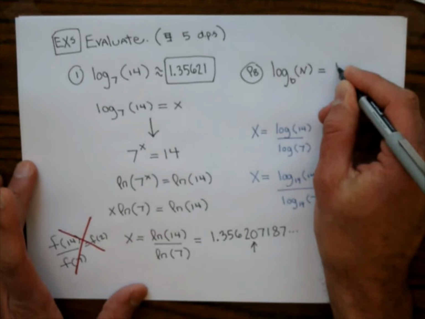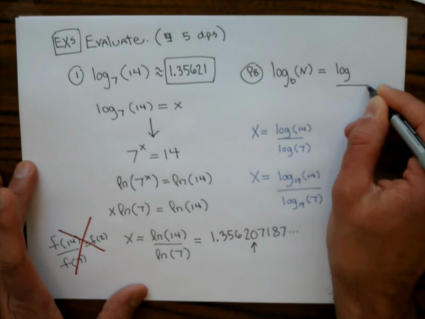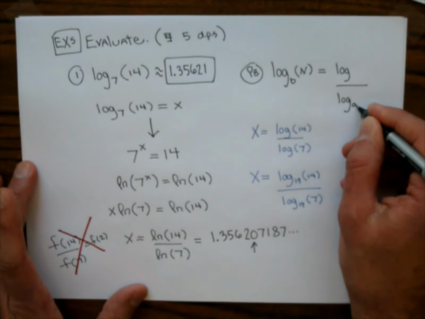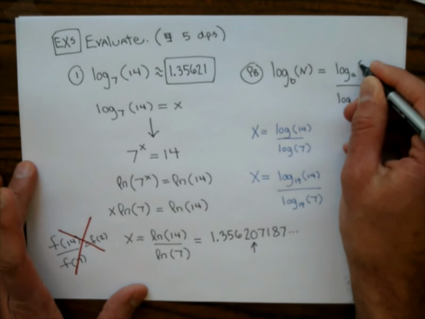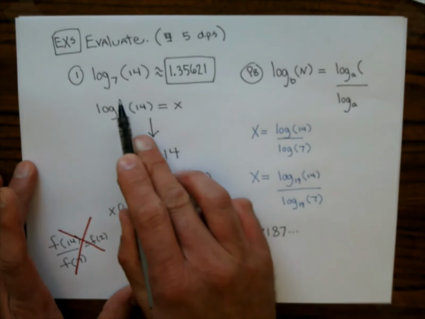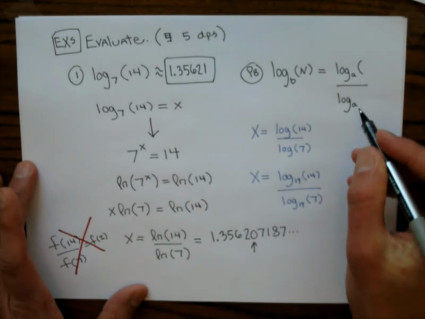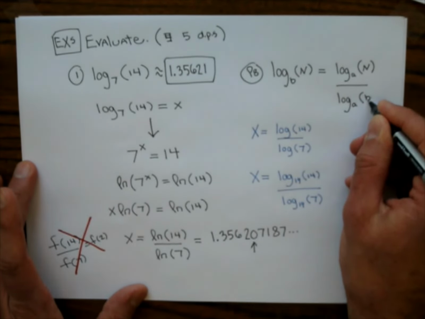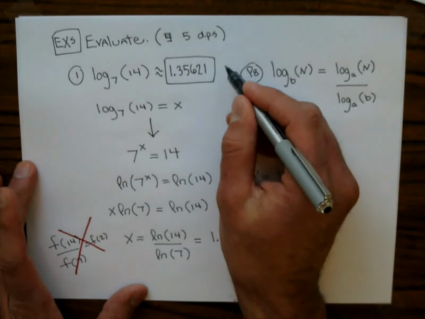This equals, well, you could change it to any base you want. We'll call that base a. Look, the 14 was on the top, and the 7 was on the bottom. So the argument's on the top, and the base is on the bottom. That's property 8.